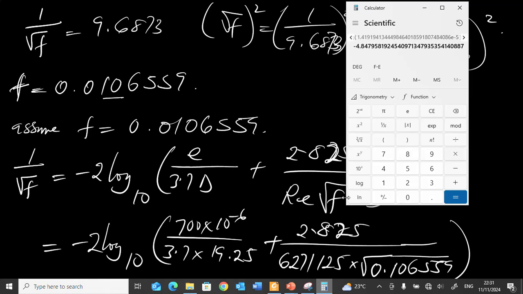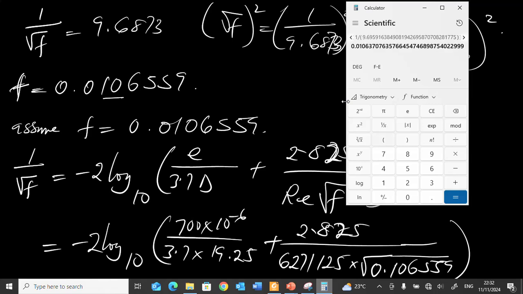Now say times minus 2, we have 9.6959. If you take the inverse of both sides of the equation, just as what we did here, you have the square root of f equal to 1 all over this value. Then squaring both sides, we now have our f. Let me take the inverse first. The inverse is this.